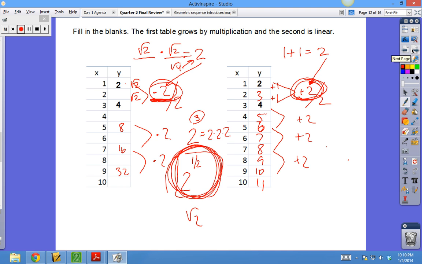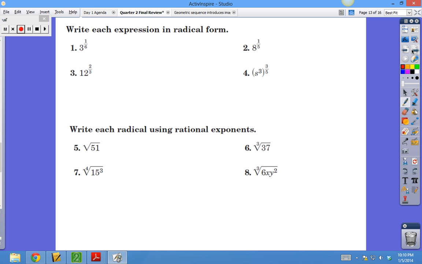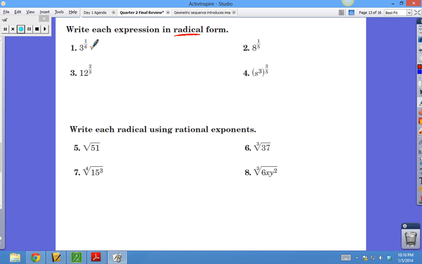So let's look at, here's how you see it. Look at these guys. Write them as radicals. So 3 to the 1/6. Your model is this: x to the a over b is the exact same thing as the bth root of x to the a. So use this for your model.